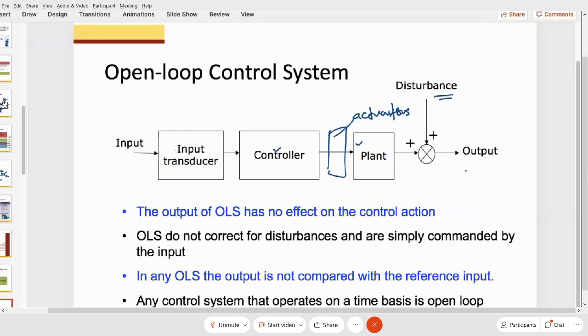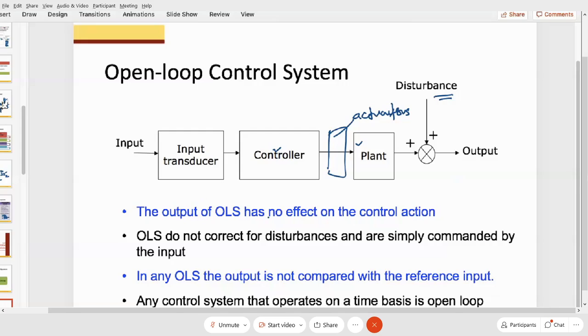No measurement here. Okay, so we call that an open loop control system. Something like a fan, you set the speed at level 1, 2, 3 until 5, but the system does not measure the current speed of the fan.